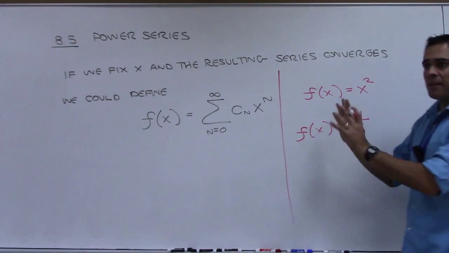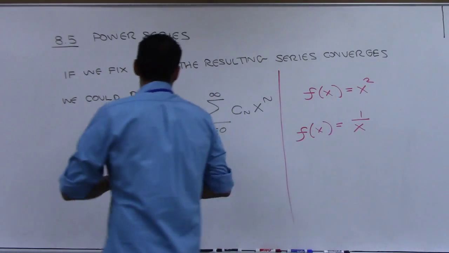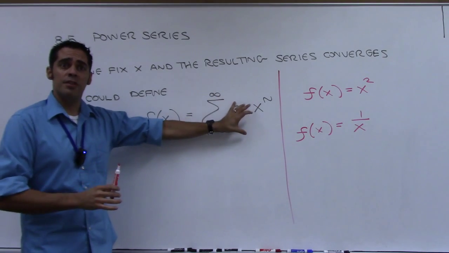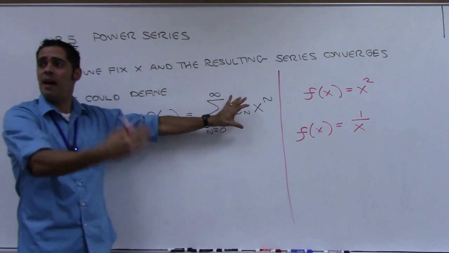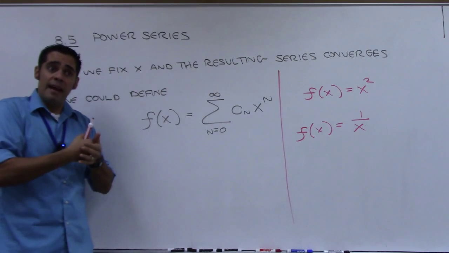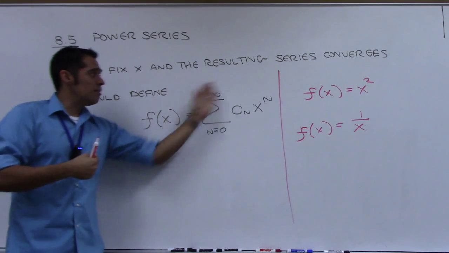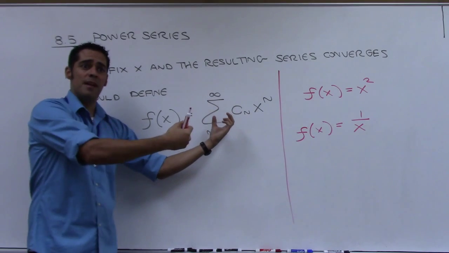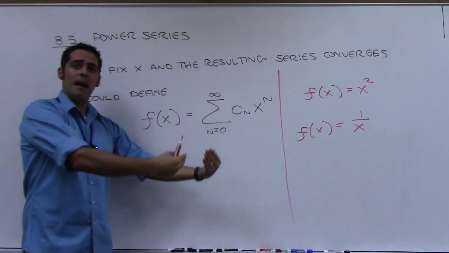We have the same exact concept here. If we fix an x and this series converges, then it has a number that comes out, right? So you plug in an x, it spits out a number out here. The sum of this series is the number that comes out. So I have an input and an output.